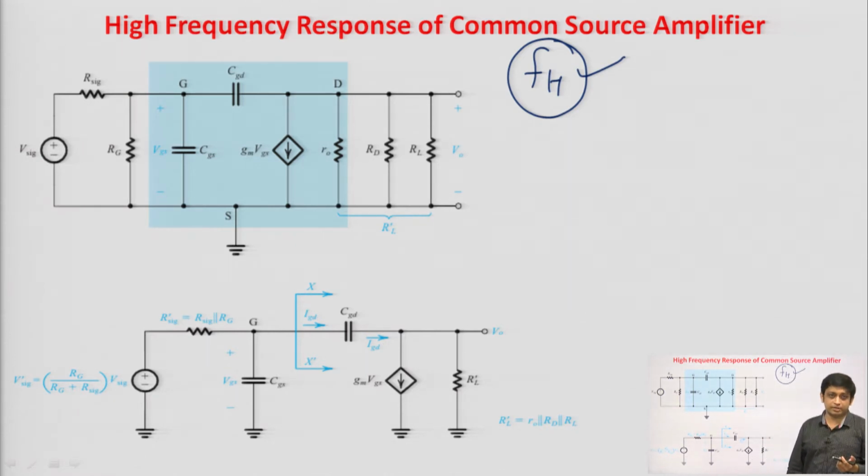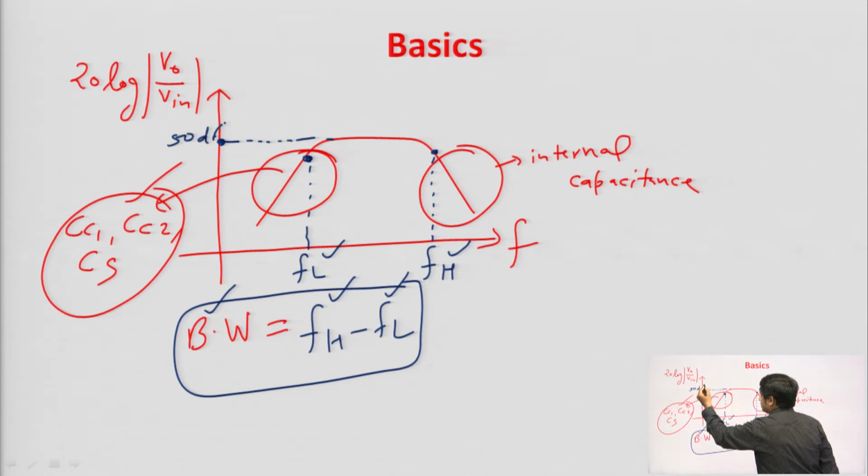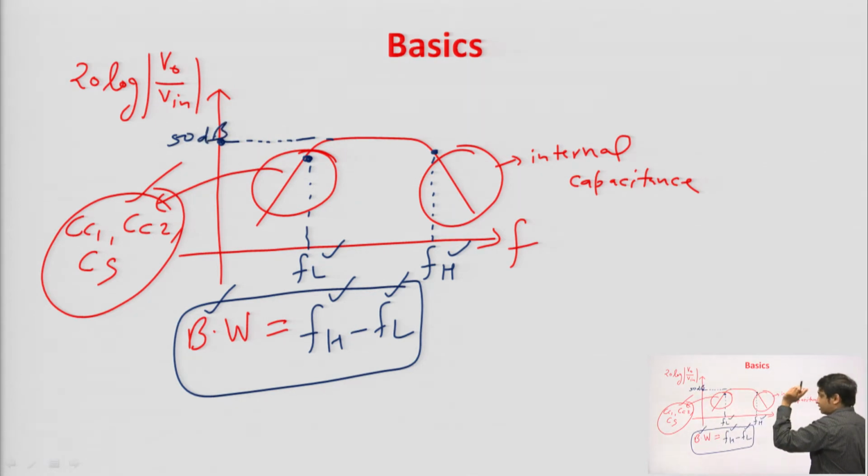It is called minus 3 dB frequency because it is the frequency at which the gain is reduced by 3 dB of the maximum gain. For example, if the maximum gain is 50 dB, then at frequency FH and FL, your gain will be 47 dB. So, FH is defined as the upper minus 3 dB frequency, FL is the lower minus 3 dB frequency.